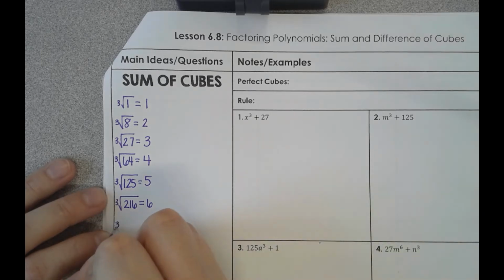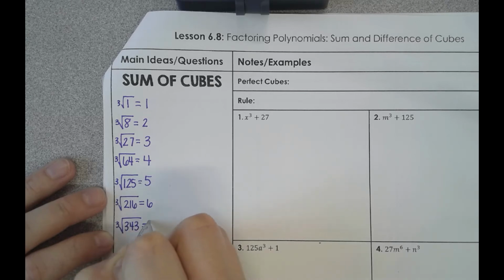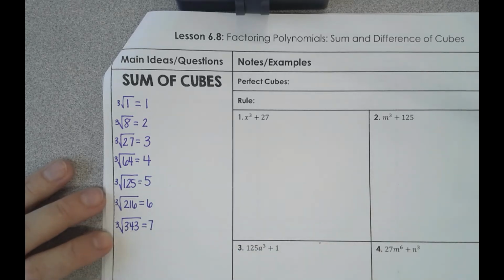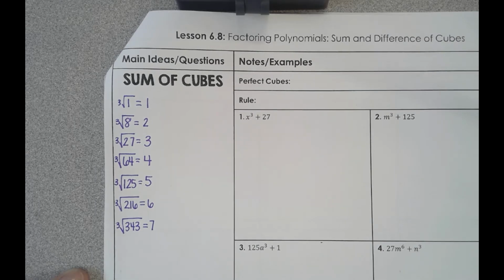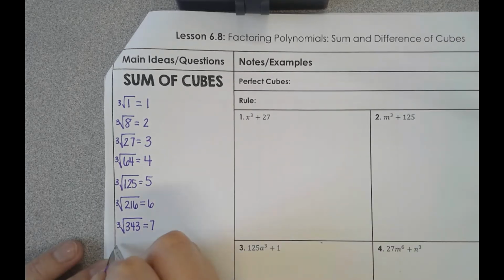The cubed root of 343 is 7. Cubed root of 512 is 8.